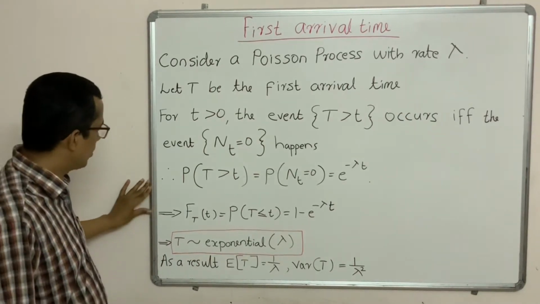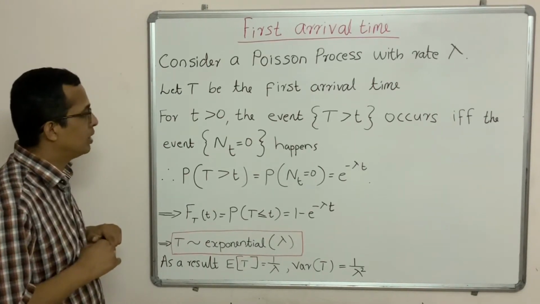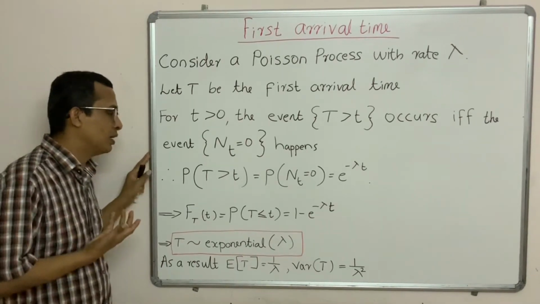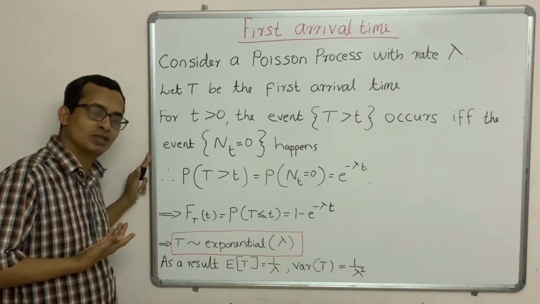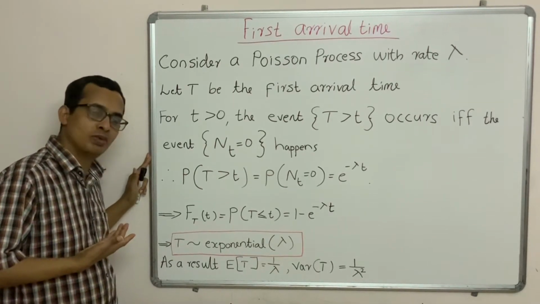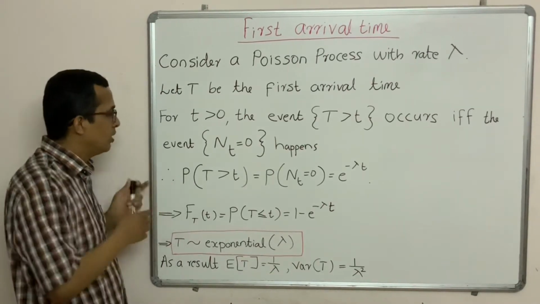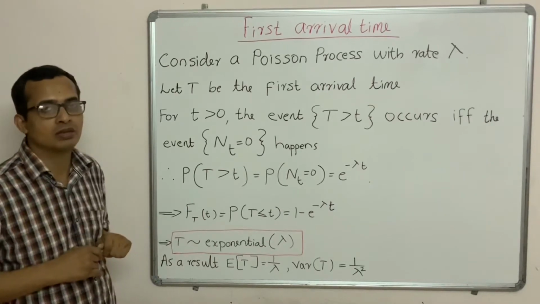So note that the probability of T greater than t is actually the probability of nt equal to 0. Now nt is the number of arrivals in the interval 0 to t, and it is Poisson with parameter lambda times t. Therefore the probability of nt equal to 0 is e power minus lambda t.